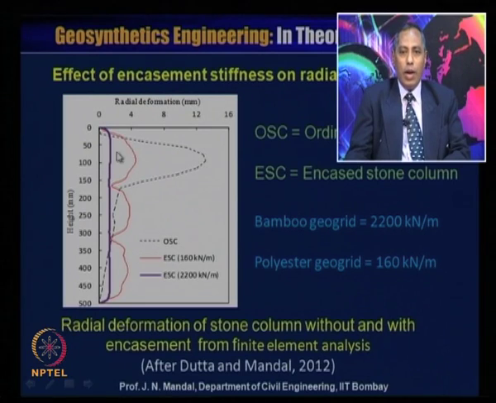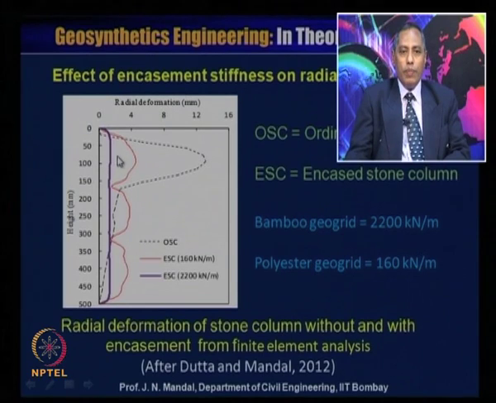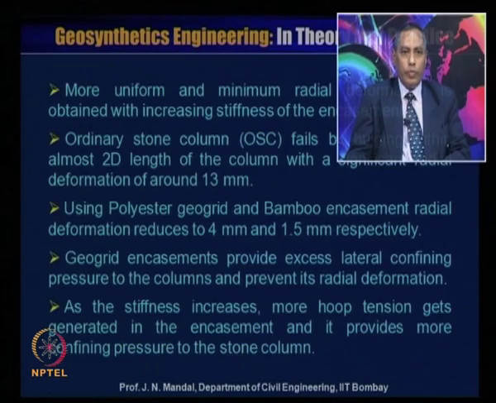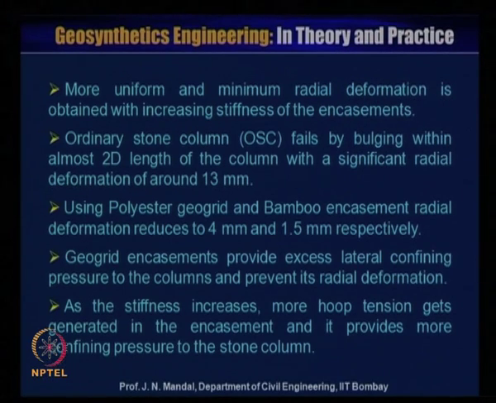You can see how the deformation substantially decreases with height for the inclusion of the reinforcement, and it depends upon the modulus of elasticity and the tensile strength of the material. So, more uniform and minimum radial deformation is obtained with increasing stiffness of the encasement.